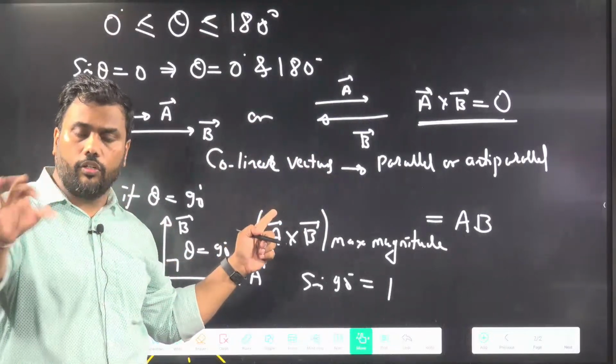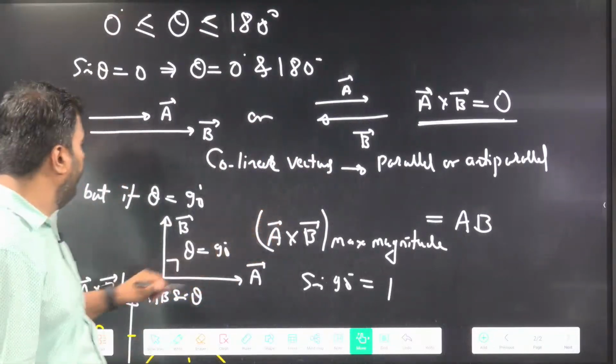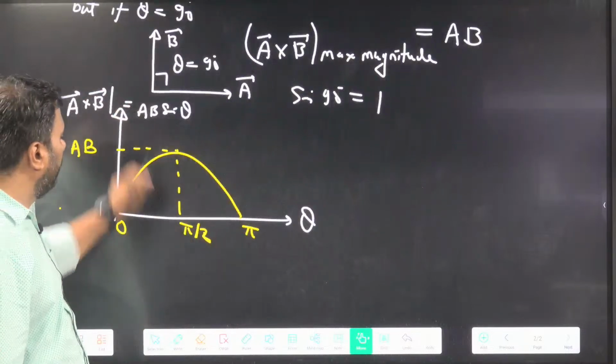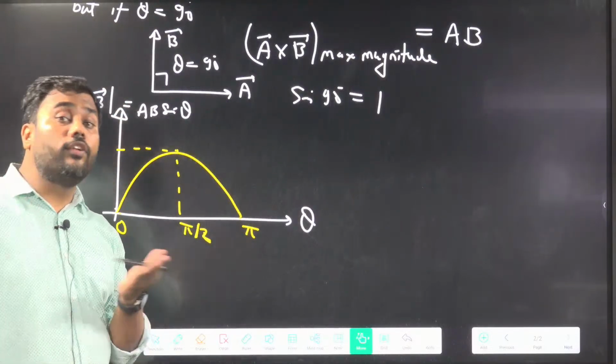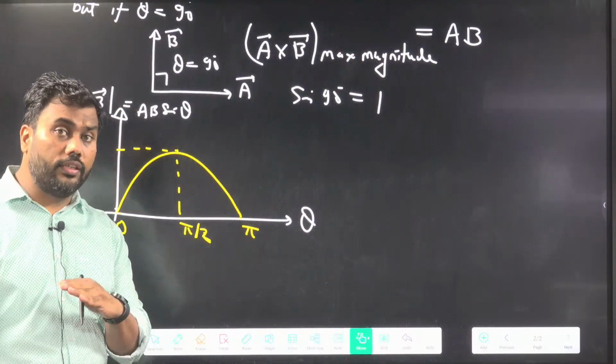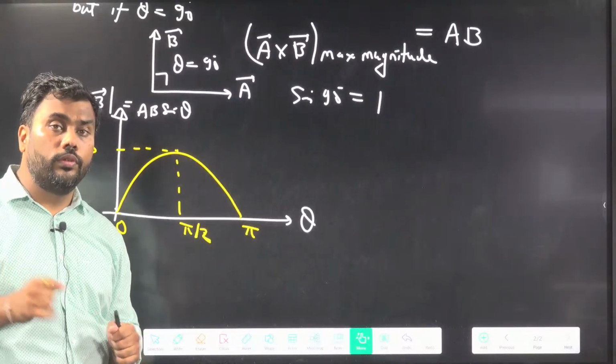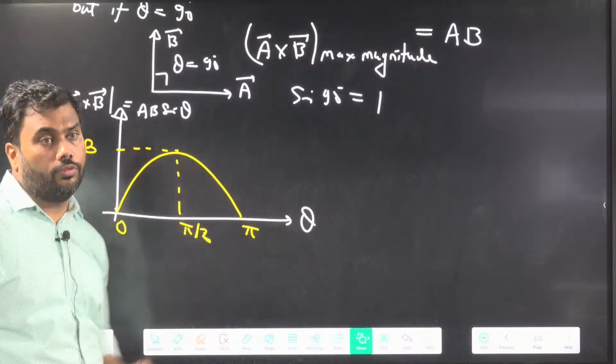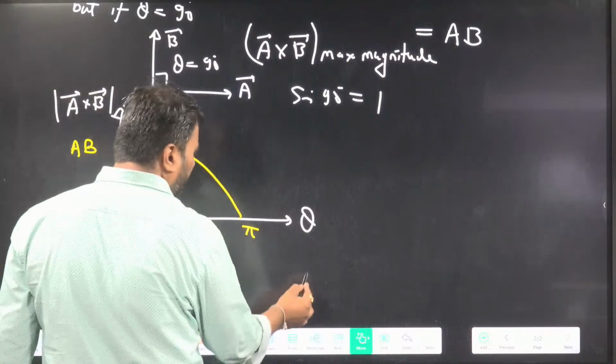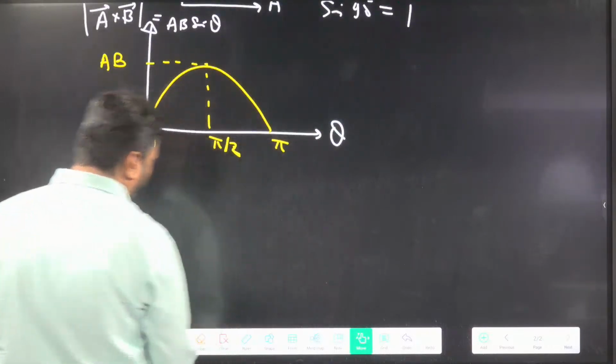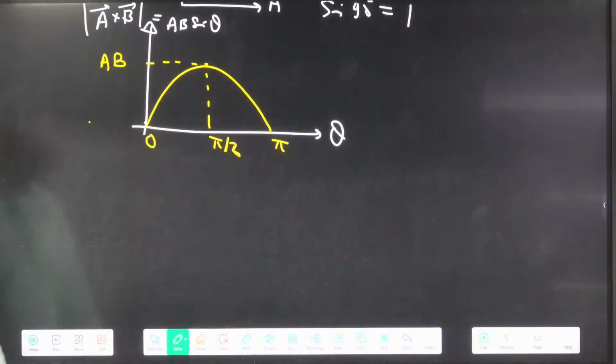The value of the cross product is maximum when the angle is 90. Whereas in the dot product, if two vectors are perpendicular, the dot product was 0, but here the cross product is maximum. This is a difference between the vector product and the dot product.